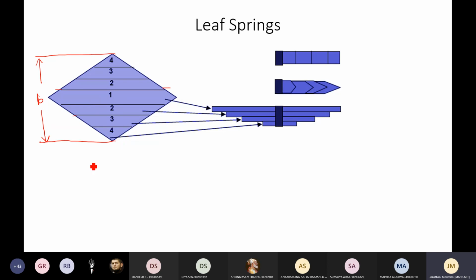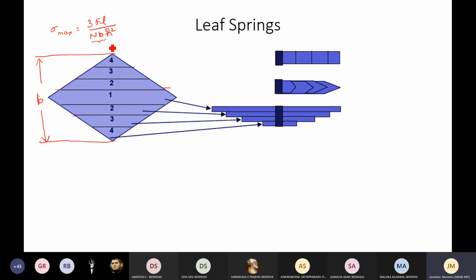Now the equation is slightly changed. Sigma max, for a simple beam, is 3FL by NBH square. What is this NB? You had earlier only B, but what is this NB?